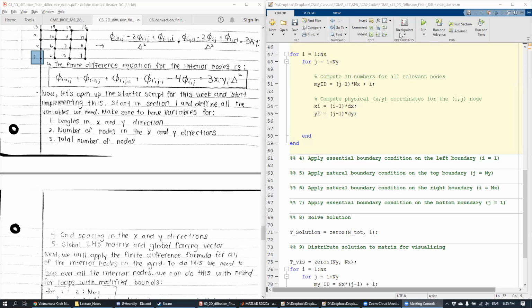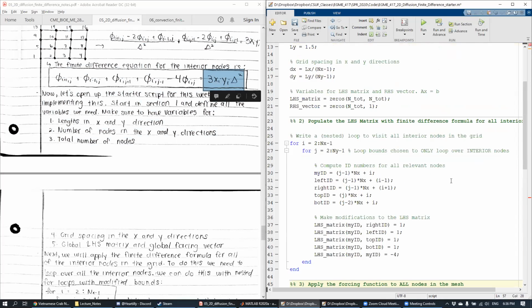Okay. And so now that we have xi and yi, we can just basically implement this equation right here. Okay. And since this equation right here doesn't have any phis in it, right? So it doesn't have any phi ij, this equation is going to go into the right-hand side vector, okay? And so we're going to do right-hand side vector at my ID, okay? Because we want to modify this for the correct row, okay?